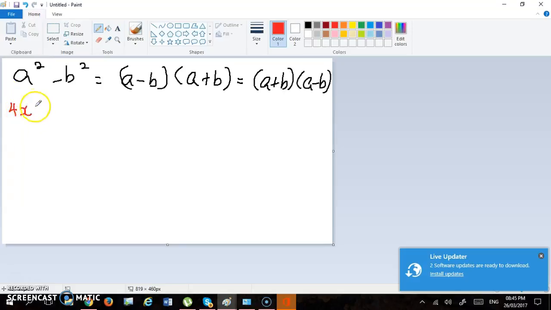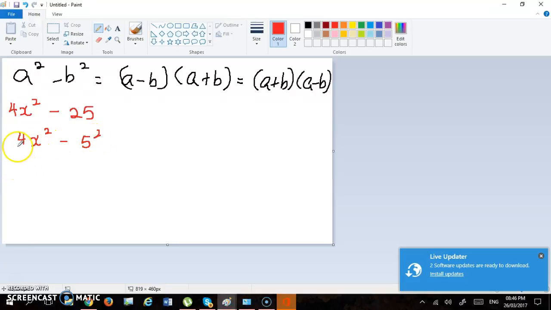4x squared minus 25. Okay, let's just leave it as that. 4x squared minus 25. Now at first you might watch this and be like, okay, well you know that 4x squared take away 5 squared.